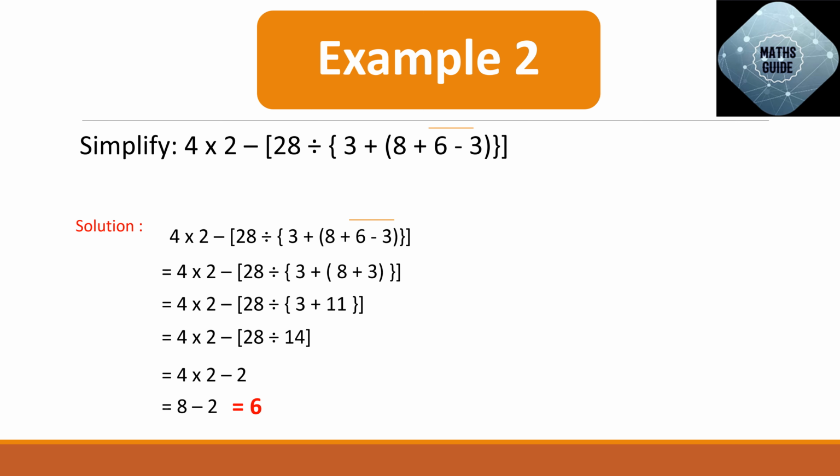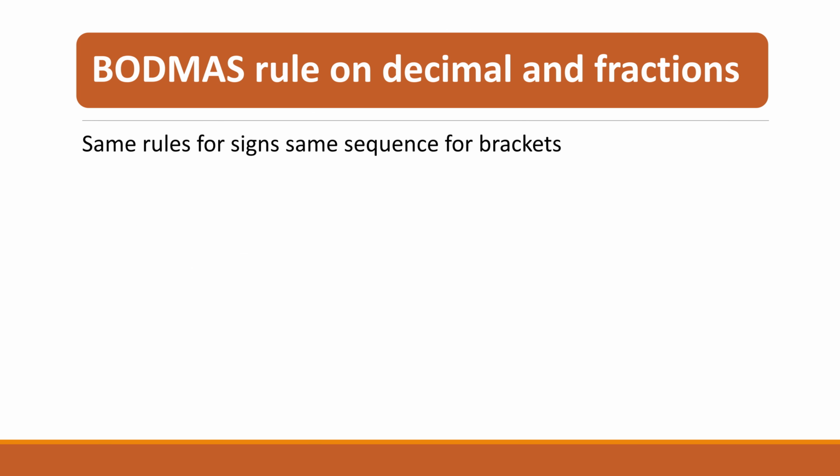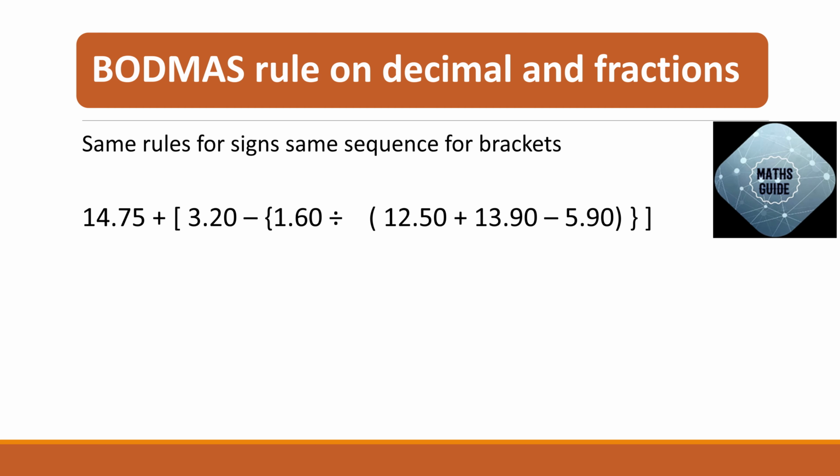Easy? Good. BODMAS rule is also applied on decimals and fractions other than whole numbers. Same rules for signs and same sequence of brackets. For example, here we have a question. Here we have some integers and brackets, but the numbers are decimal numbers. We will solve the parenthesis first if vinculum is missing.